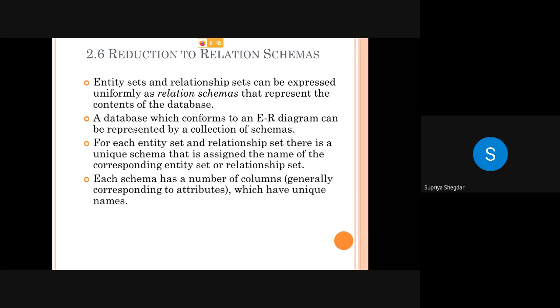Then each schema has a number of columns, okay, which have unique names. Okay, so these columns are nothing but attributes of the entity sets in the ER diagram. So we can give the name of the attribute of the entity set to the name of the columns. Okay, so the attributes correspond to the column names.